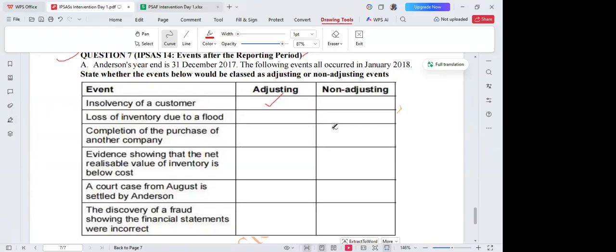Why? If adjusting, why? If non-adjusting, why? It's an adjusting event because probably the inventory was in the books of their accounts, and then probably a heavy rainfall came and then they lost some of the inventory.